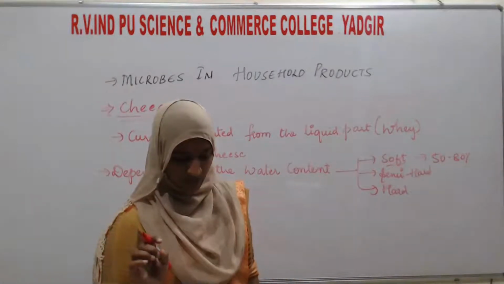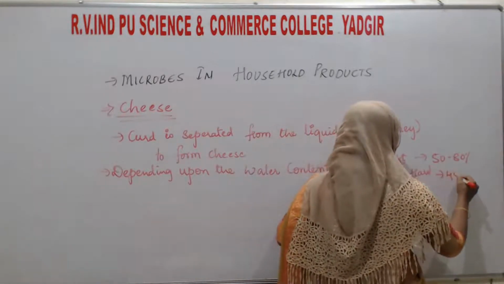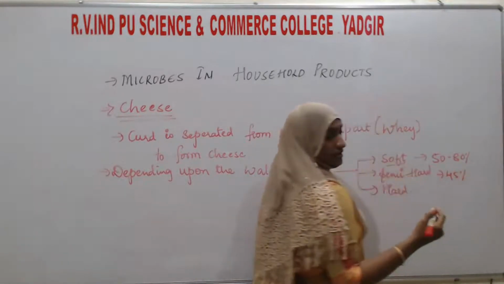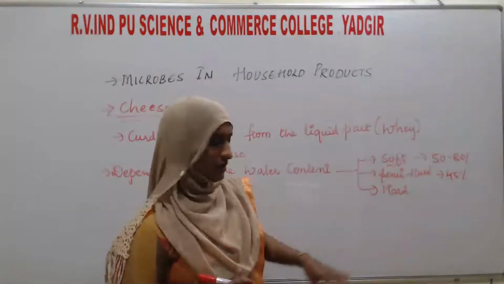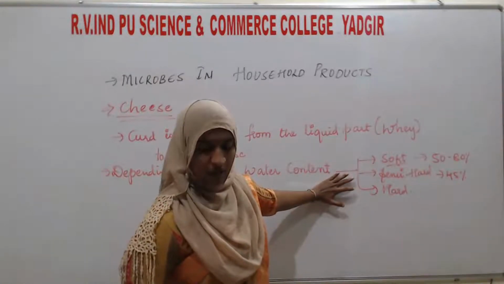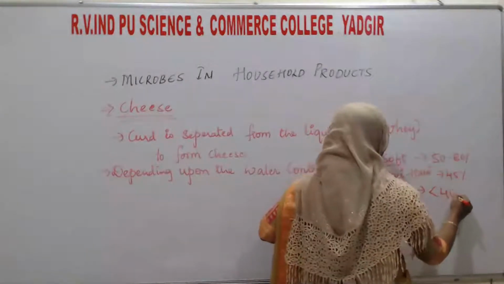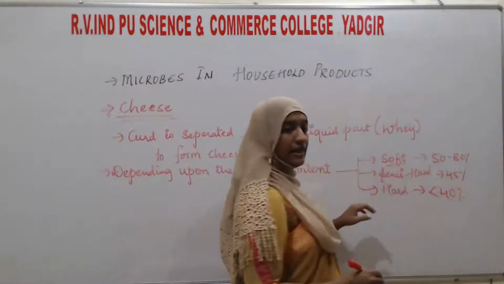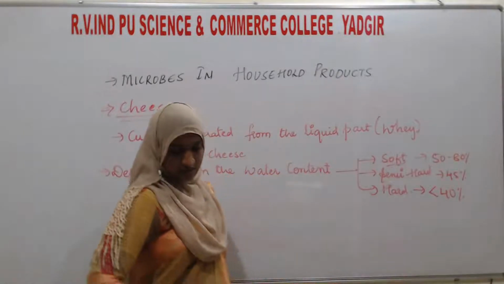If the water content is 45%, then it is known as semi-hard, not too soft, not too hard. And if it is less than 40%, then we can say it is the hard cheese.